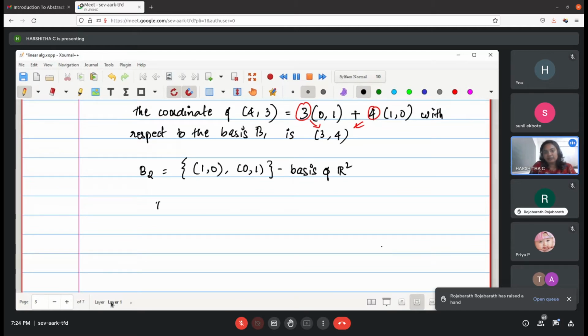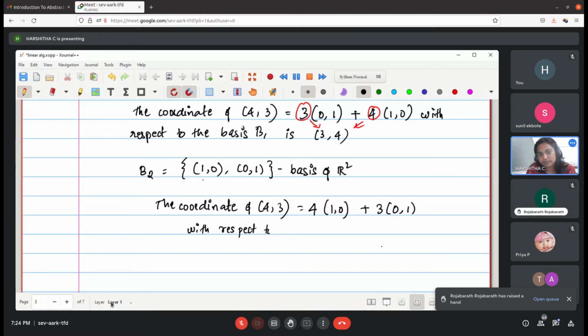Here, when you say coordinate of (4,3), what will it be? You write this (4,3) as a linear combination of these, keeping the order of the basis the same. So you can write it as 4 times (1,0) plus 3 times (0,1). So the coordinate with respect to this basis B2 is (4,3).